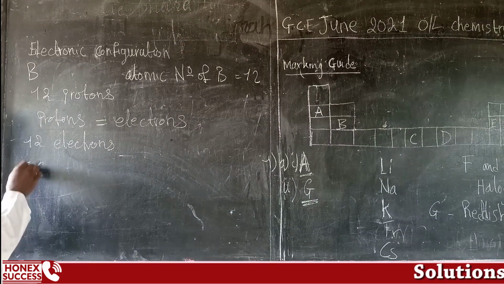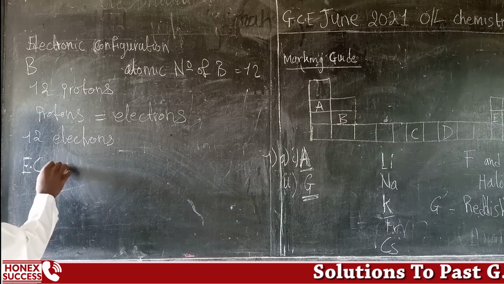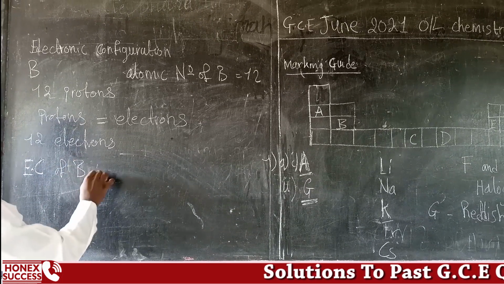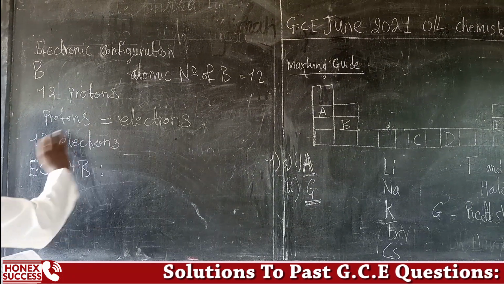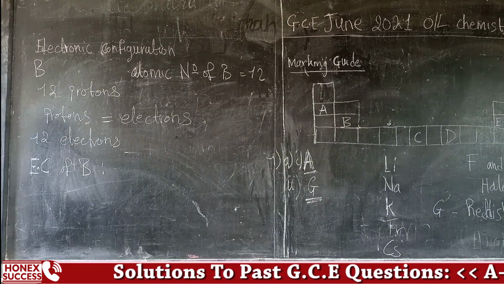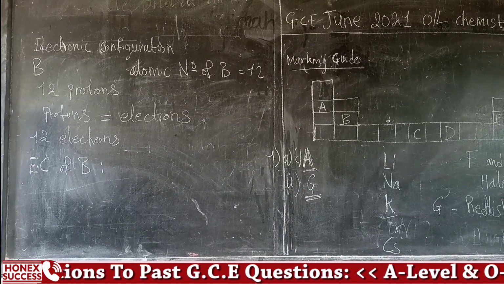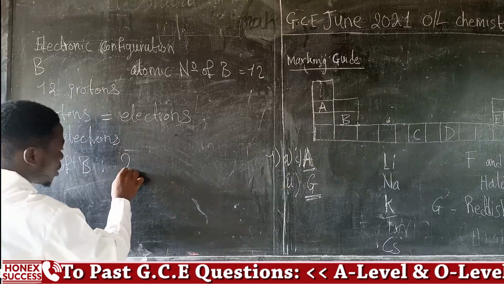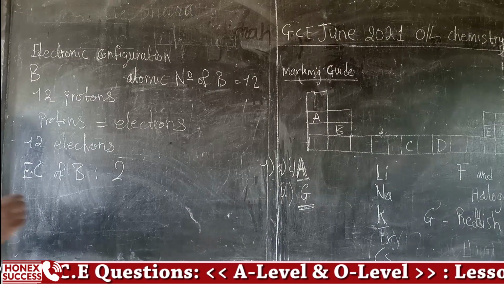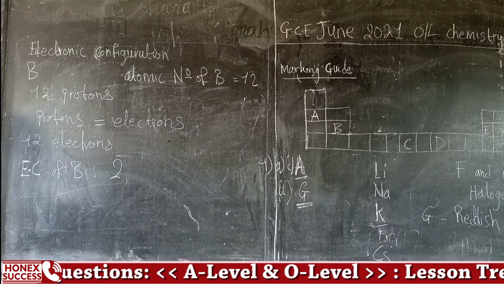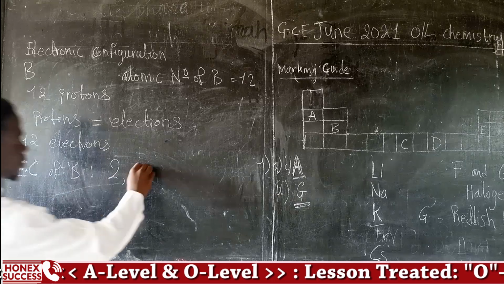So upon writing the electronic configuration, I'll abbreviate it as EC, EC of B will simply be from the number of electrons present, 12. We know that the first shell can take a maximum of 2 electrons. The next shell can take right up to a maximum of 8 electrons.